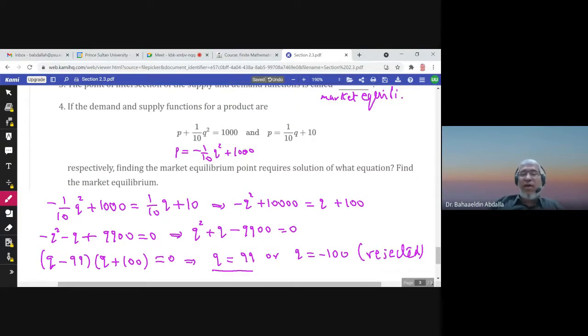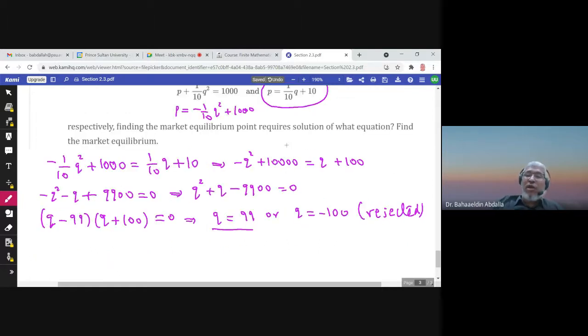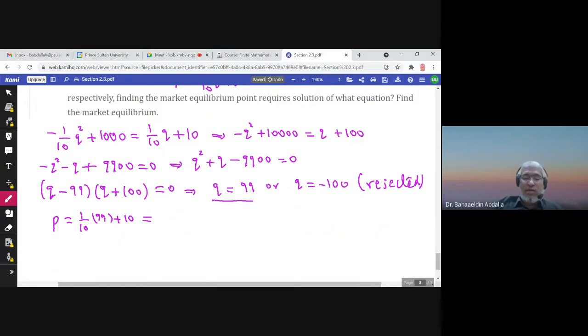To find the market equilibrium, I need to replace q here or here. I will use this one now because this is first degree. So I will find P from that equation: 1 over 10 times 99 plus 10.